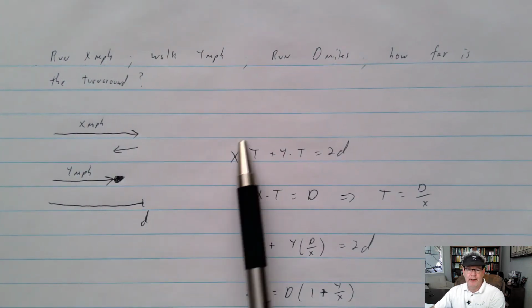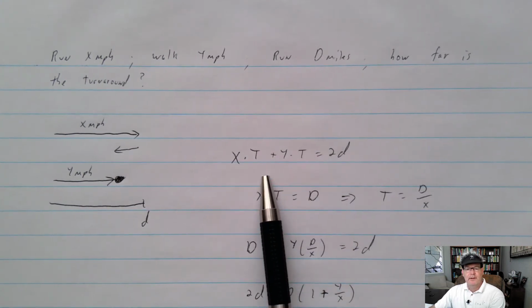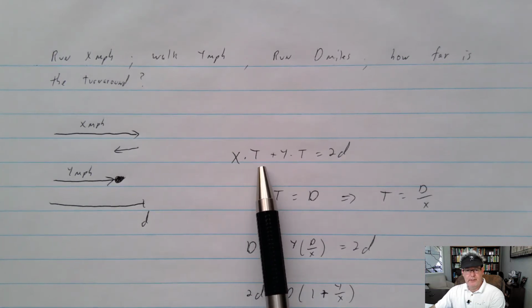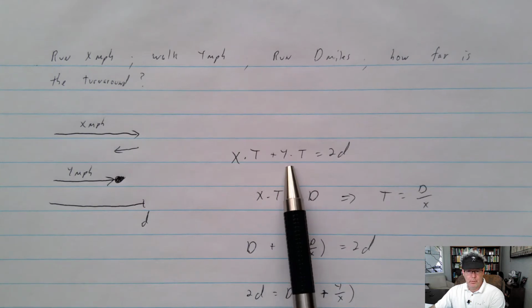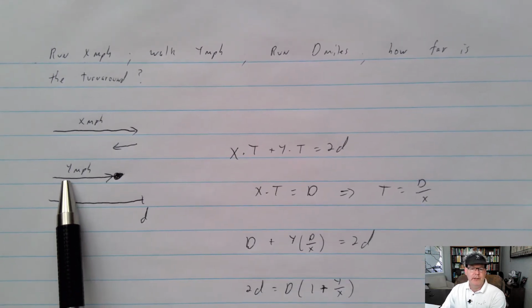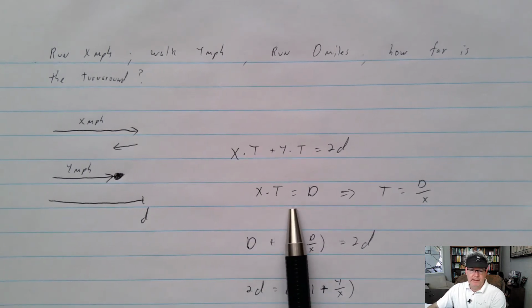If I want to run D miles, it could be a fraction or whatever. Then again, the distance of X miles per hour times T being the total time plus Y miles per hour times T being the total time, that will again be 2D. And also X times T will be D.